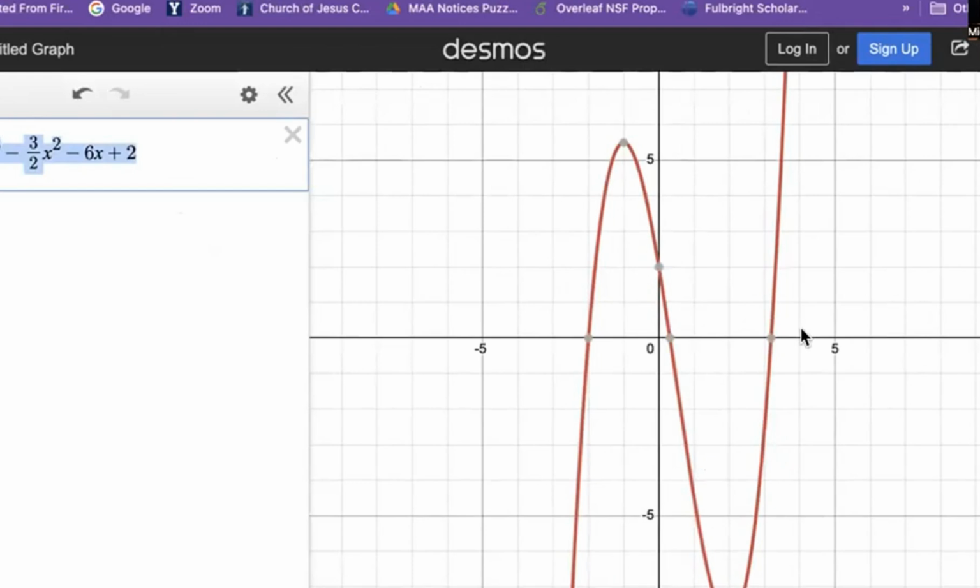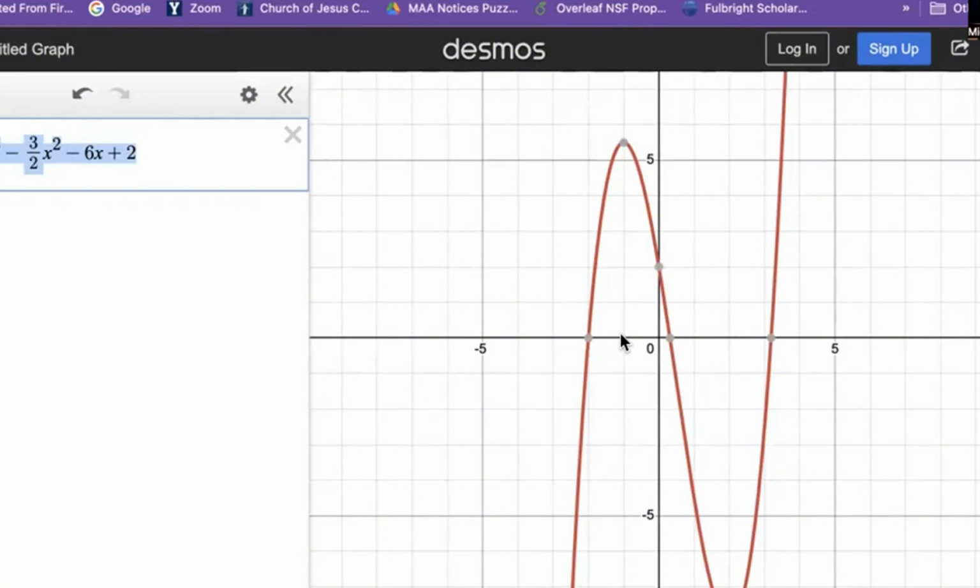Recall that we had the critical numbers at x equals 2 and x equals -1. So at x equals 2, we're right here. We have 2 comma -8, and that is a local min. So there's a local min at x equals 2, and its value is y equals -8.